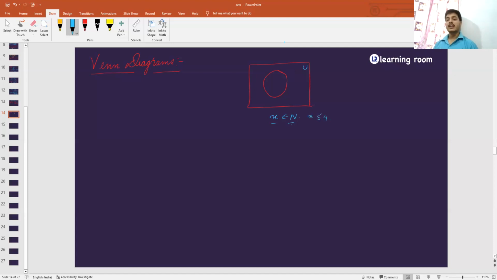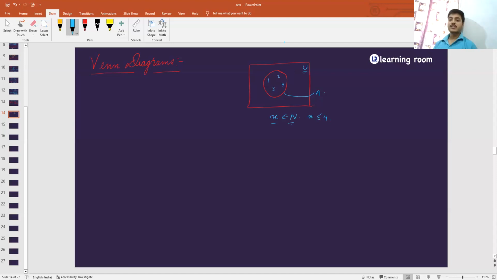So how many elements will be there? 4, sir. 4 elements will be there, right? But see here, if I take a box, this box represents U, the universal set. Let us say it contains everything. In that everything, we have a set A containing 1, 2, 3, and 4. Understood?